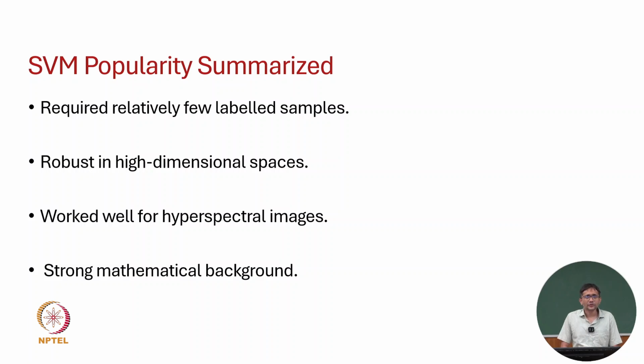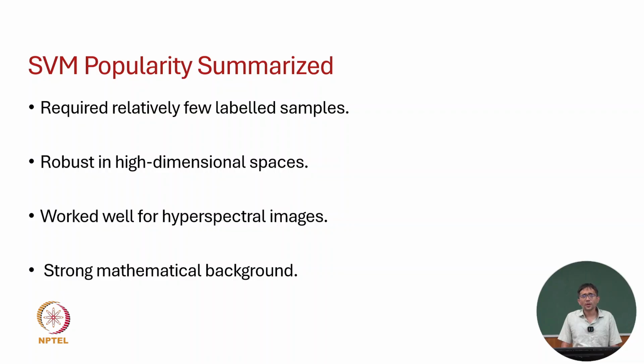So before moving ahead from support vector machine, let us try to summarize the reasons for the popularity of support vector machine. Support vector machine requires relatively few labeled samples.